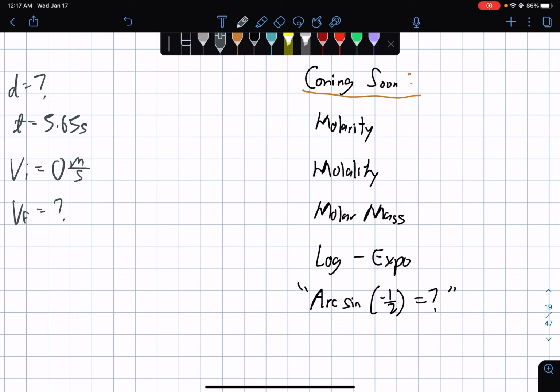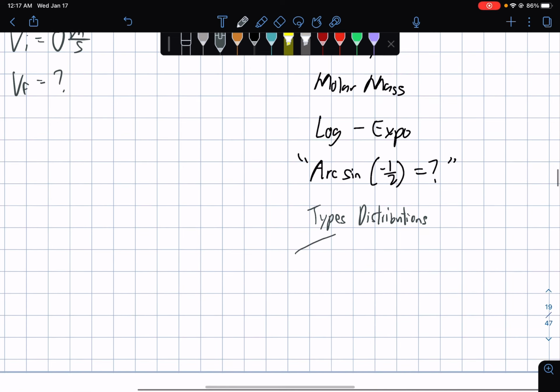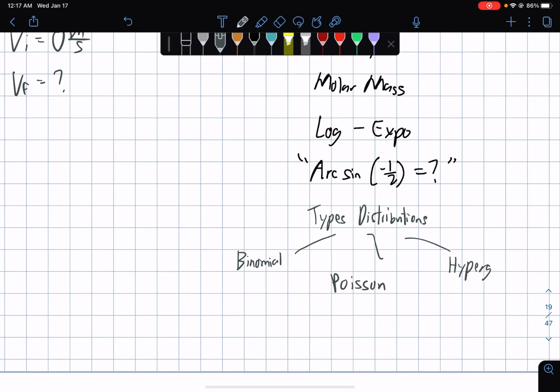What else? Oh yeah, the types of distributions in statistics, particularly 3 things: binomial distribution, Poisson, and hypergeometric. Let's see if I still remember the formulas. Binomial.